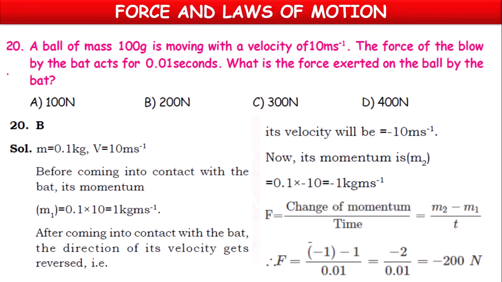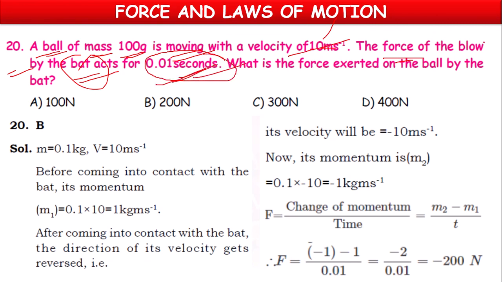Next, 20th question. A ball of mass 100 grams is moving with a velocity of 10 meters per second. The force of the blow by the bat means the bat is hitting the ball for 0.01 seconds. During this time the ball is in contact with the bat.